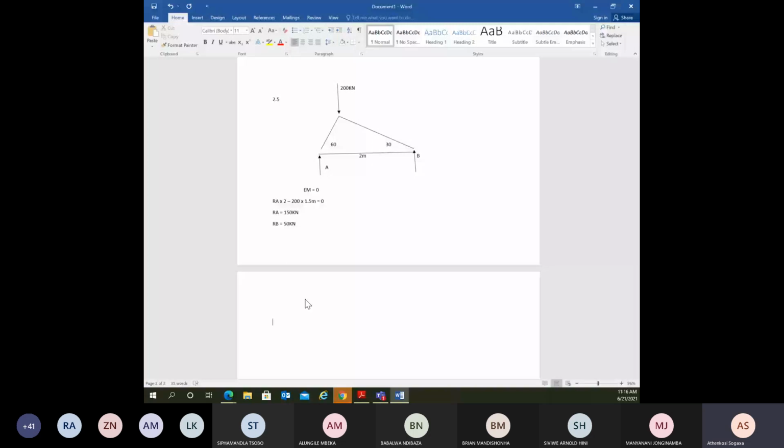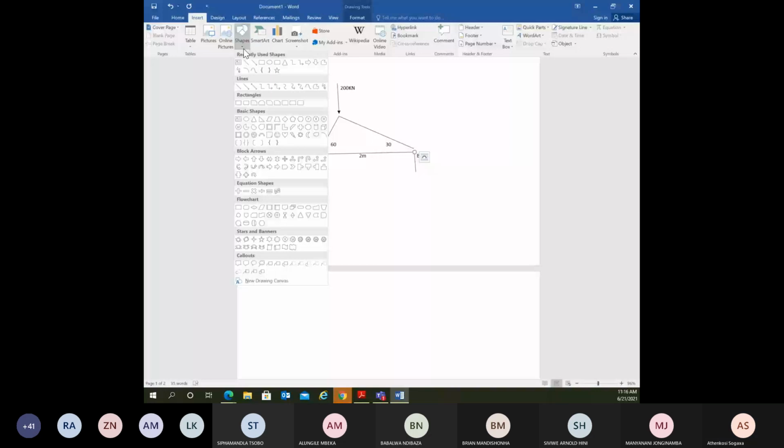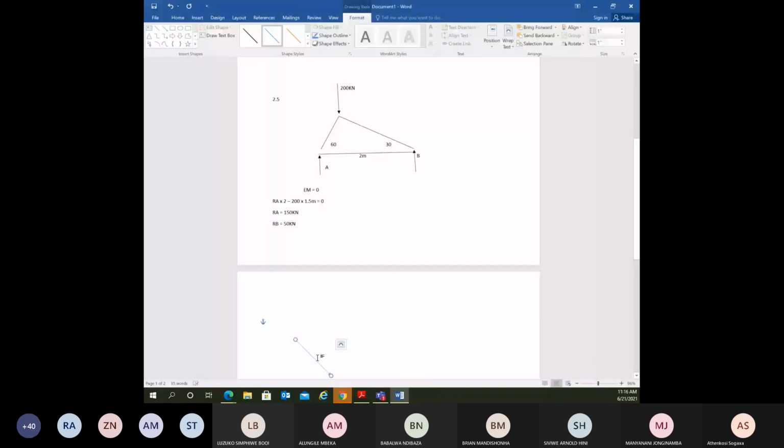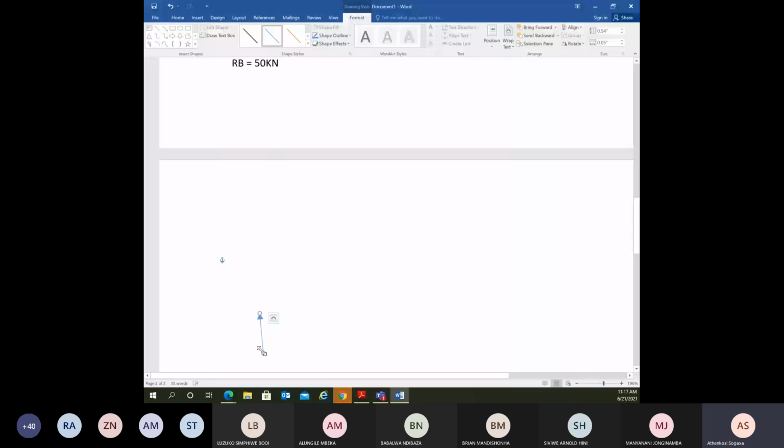Now, I will focus on joint A. To solve, you have your reaction A, it might not be very straight, but that is your reaction A, which is 150.